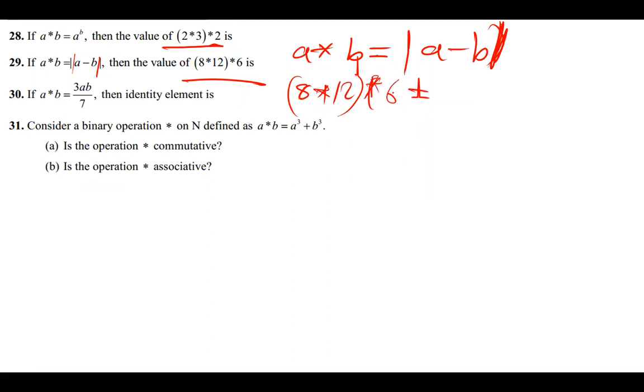So we start with what is in the brackets first. So we say 8 minus 12 in absolute value symbols. Then we have star 6.